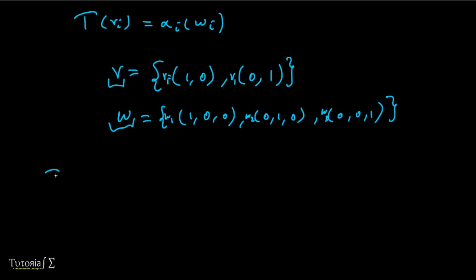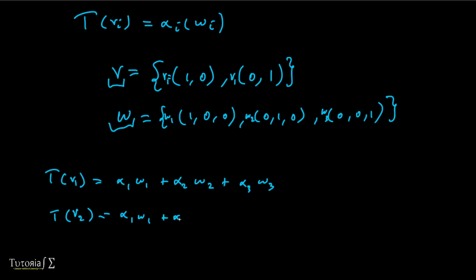We will write the transformation of V1 as a linear combination: alpha 1 W1 plus alpha 2 W2 plus alpha 3 W3. Since there are 3 vectors in the output, the transformation of V2 is also a linear combination: alpha 1 W1 plus alpha 2 W2 plus alpha 3 W3.